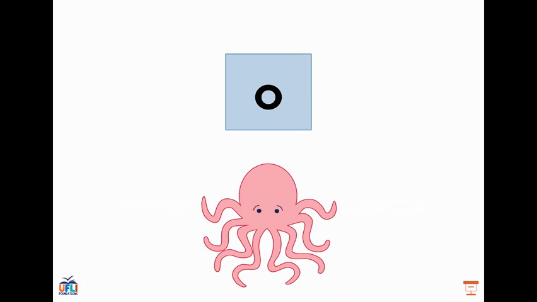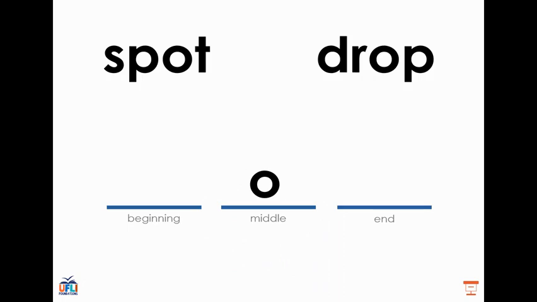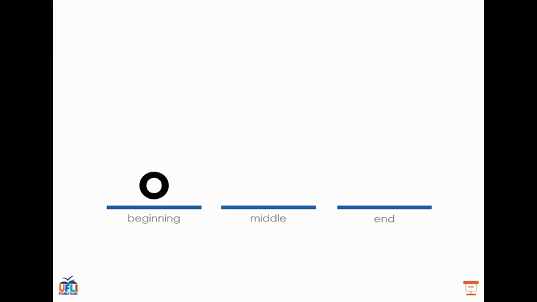The short vowel O spells ah, like in the beginning of the word octopus. O can come in the middle of a word, like in spot and drop, or at the beginning of a word, like in the words on and ox.